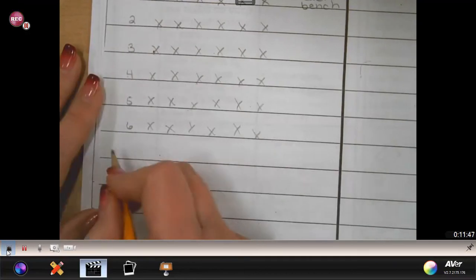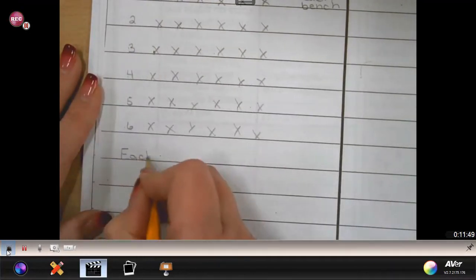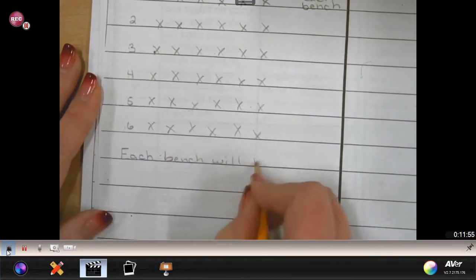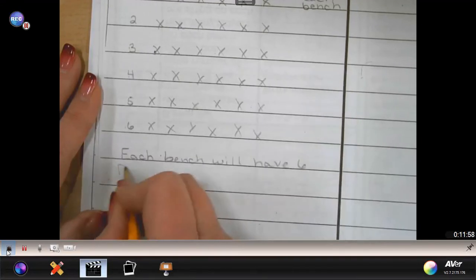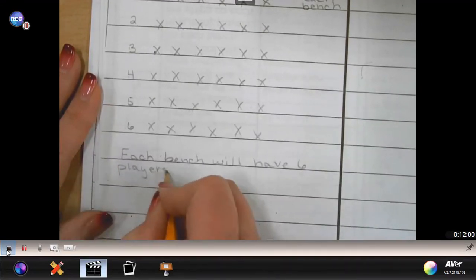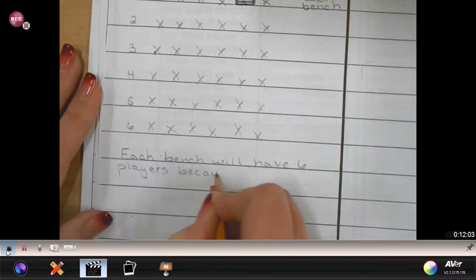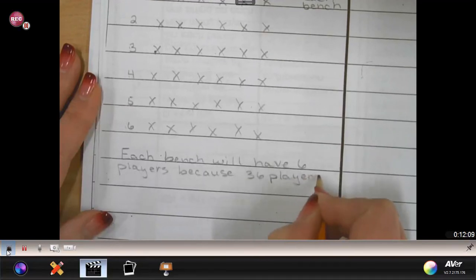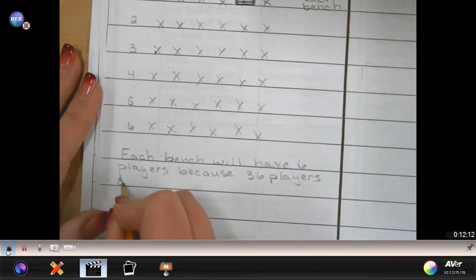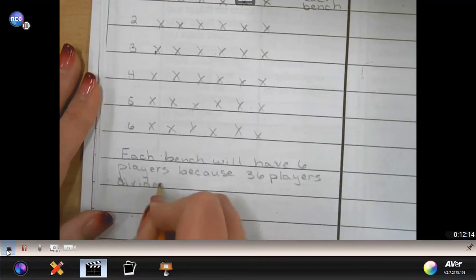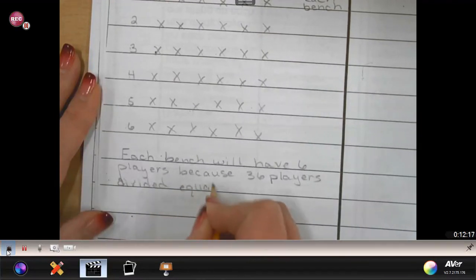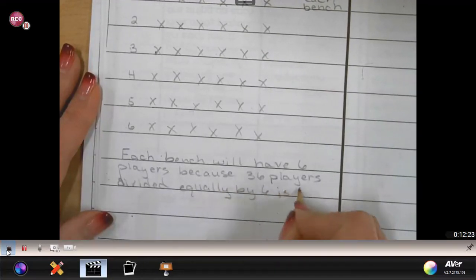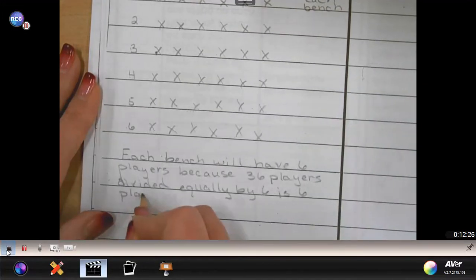So now I can say each bench will have 6 players because 36 players shared equally or divided equally by 6 is 6 players each.